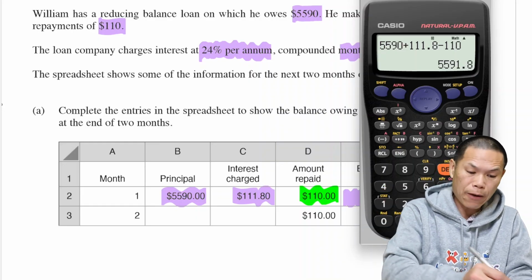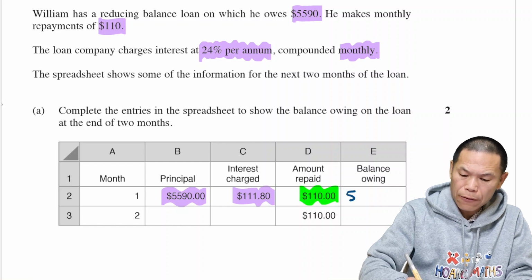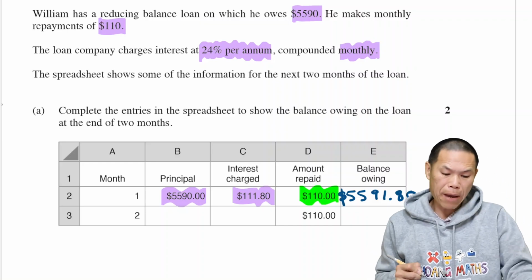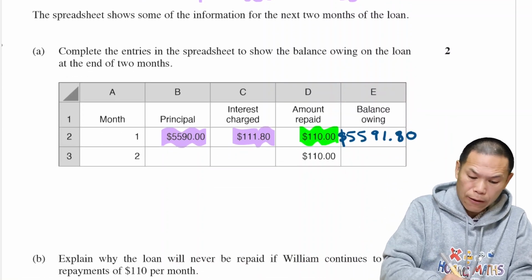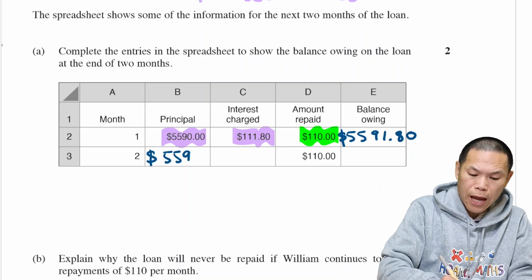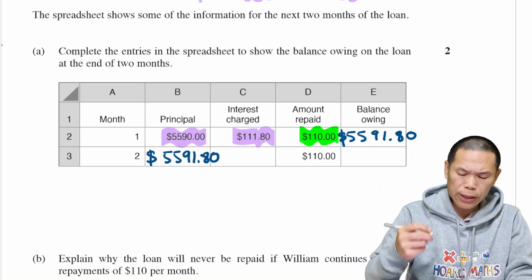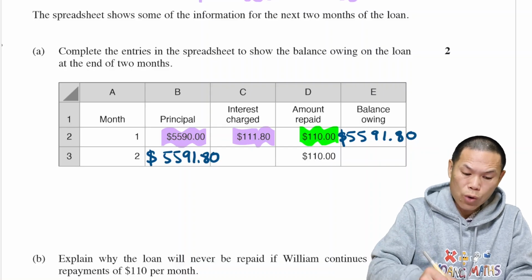So let me write this down. 5591.80. Okay, that is the amount. So therefore the principal here is 5591.80 and the interest is, we just need to work this out.